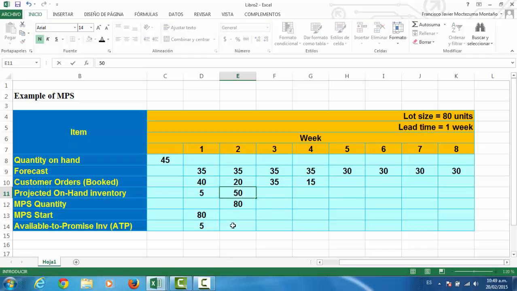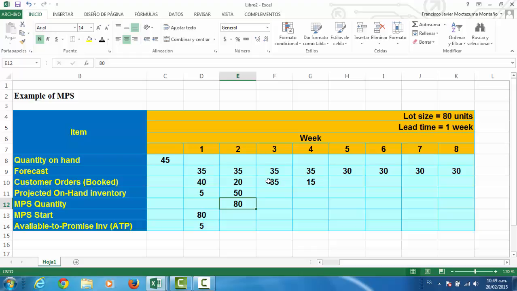What about the ATP? In this case, it is the MPS quantity minus the sum of the customer orders until the next MPS quantity. In this case, we have 80 units minus 20 minus 35.